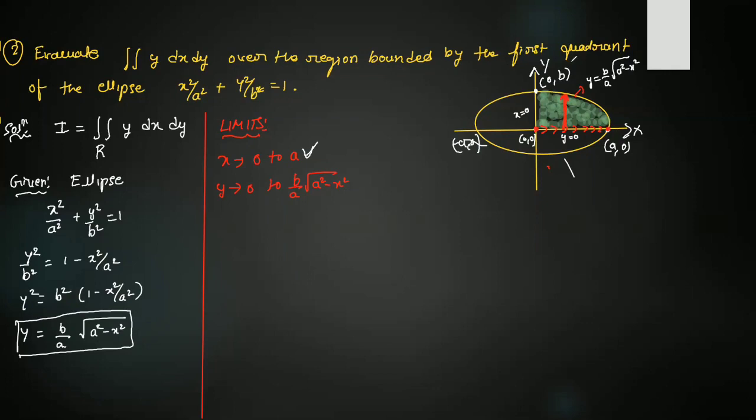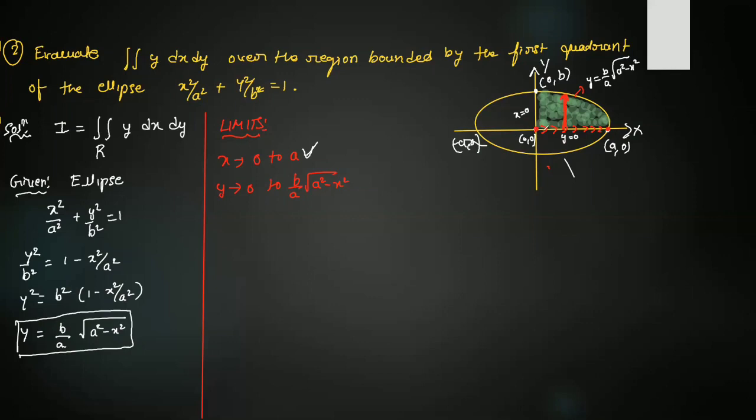They have given in the question the region bounded by the first quadrant of the ellipse. In the question they have given that, so that's why I have taken it as the region. Okay, understood? Yes.